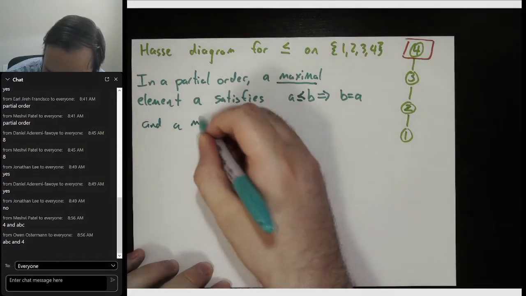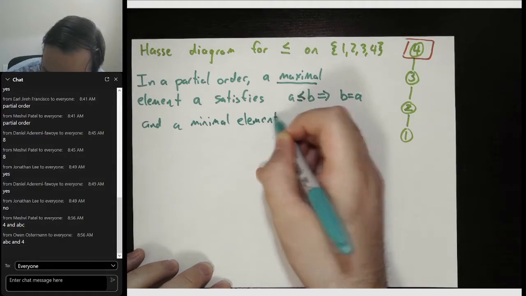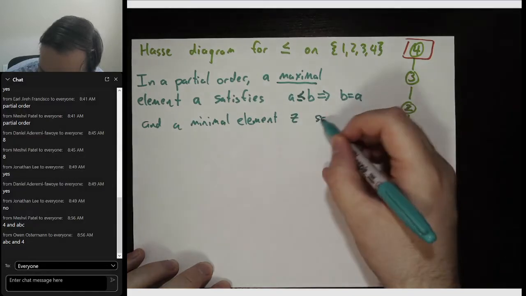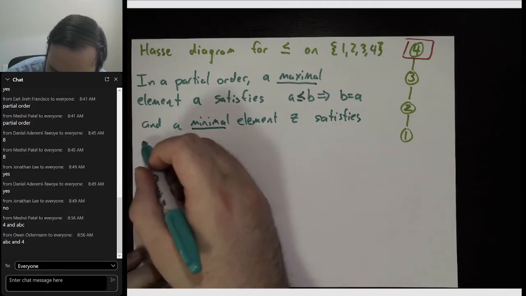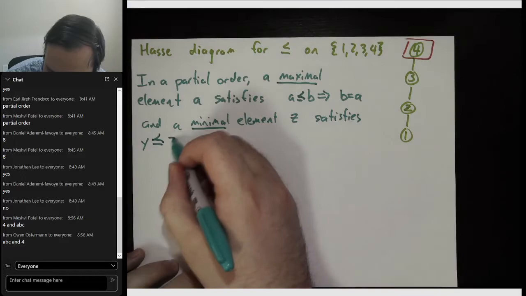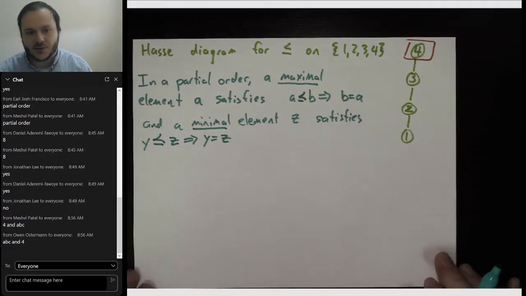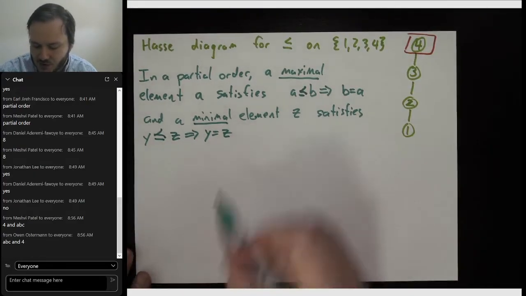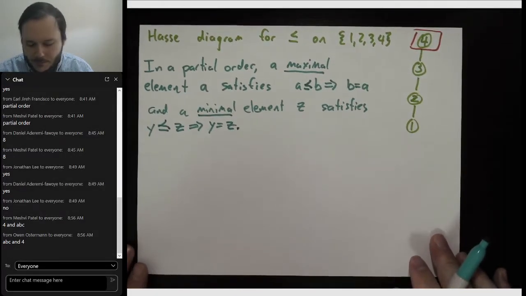And a minimal element, Z, satisfies: if Y is less than or equal to Z, then actually Y was equal to Z to begin with. That's the only way you can be smaller than a minimal element, is if you are yourself minimal. Okay.